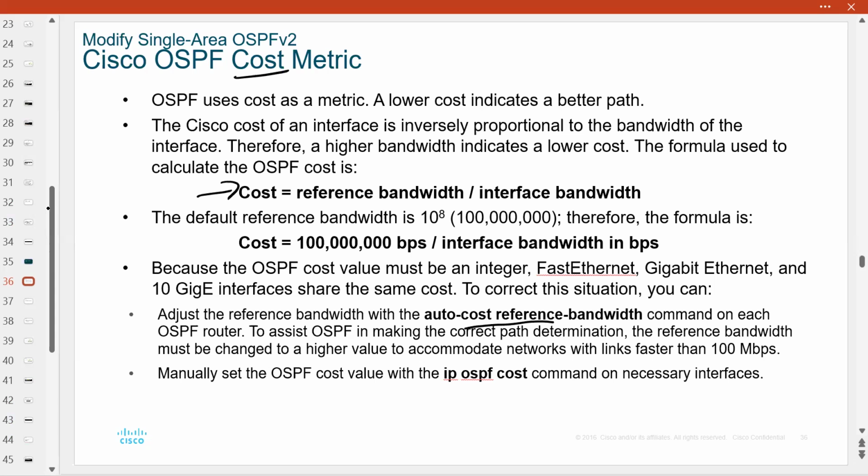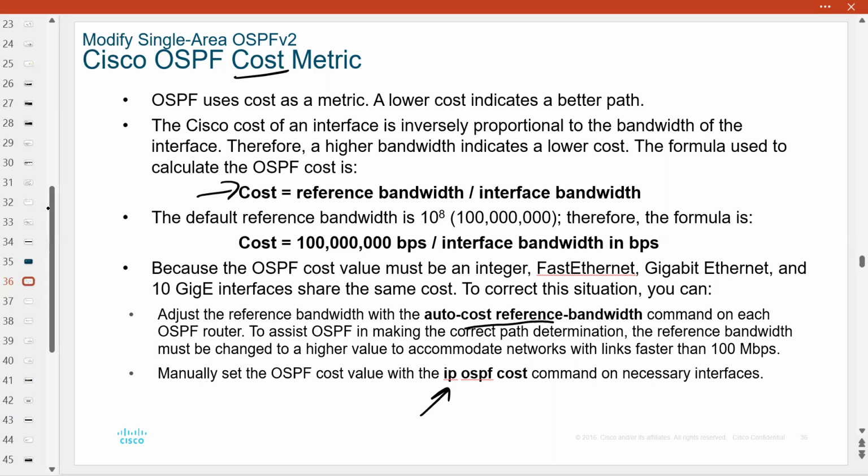If you change the cost, it means you have changed the way the SPF algorithm will calculate the cost of the path. Then you've changed how routes are chosen. Basically, that's why we are changing the auto-cost reference bandwidth with that command. You can also manually set a cost. So everything we are doing here is sort of manipulation.